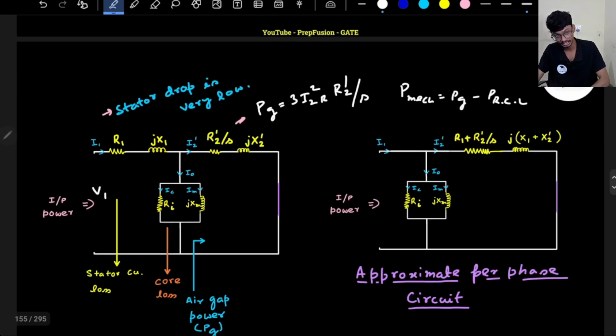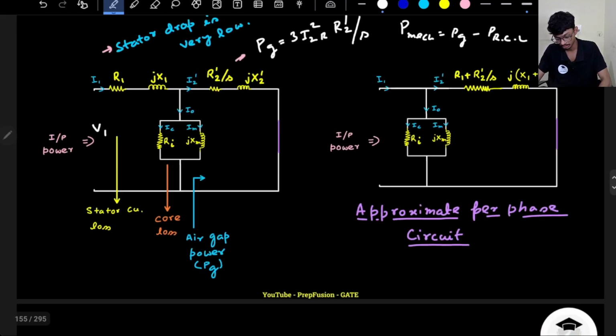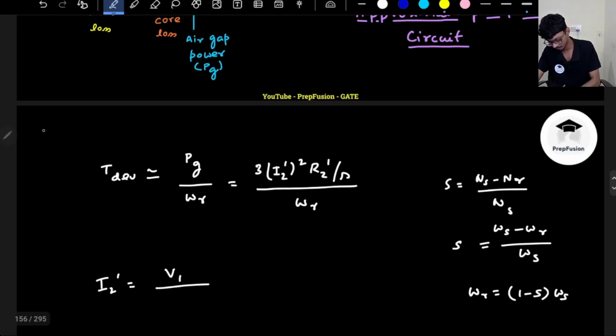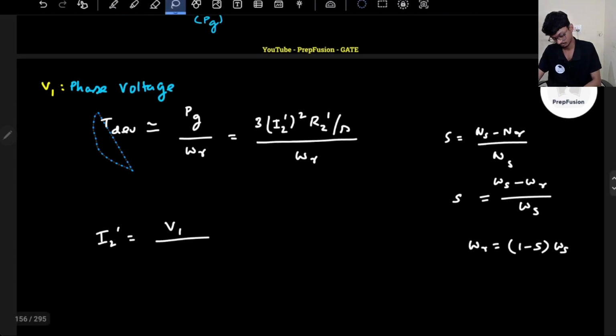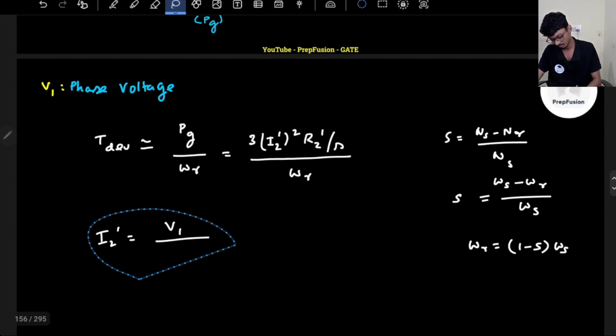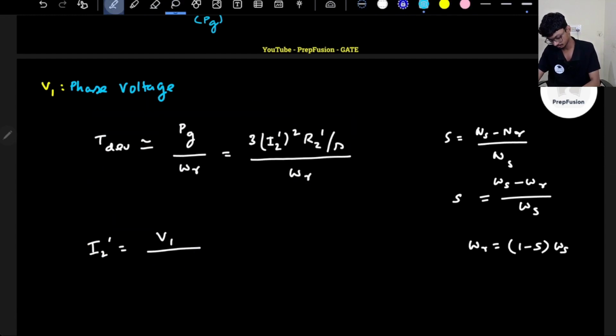If they give you the line voltage, you have to convert it into phase.